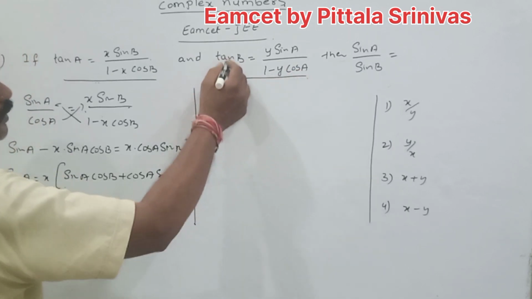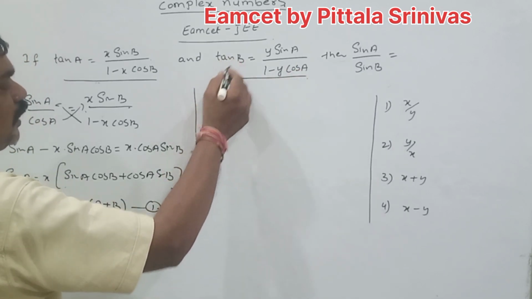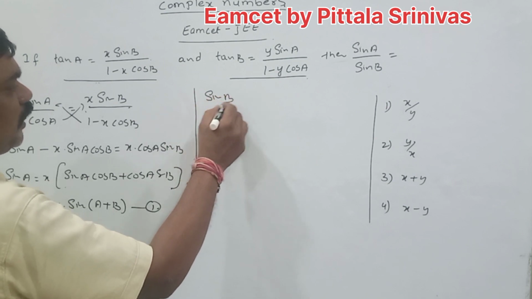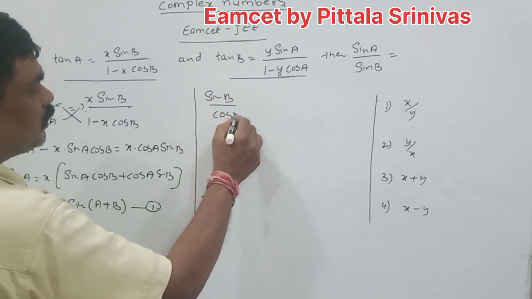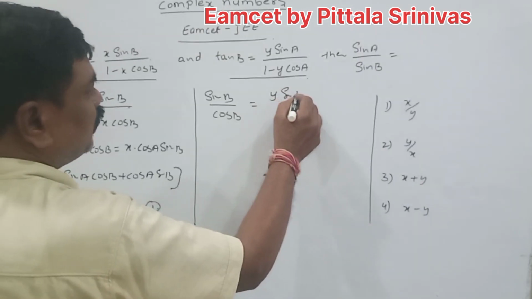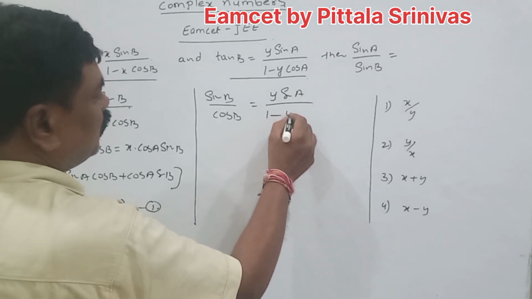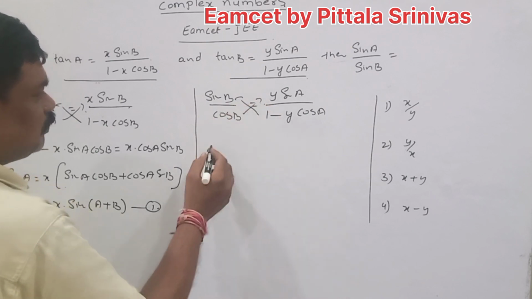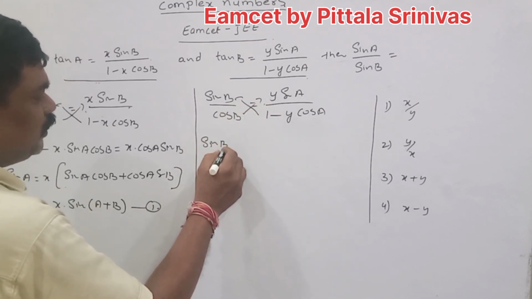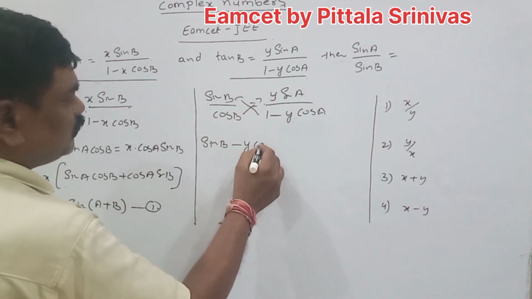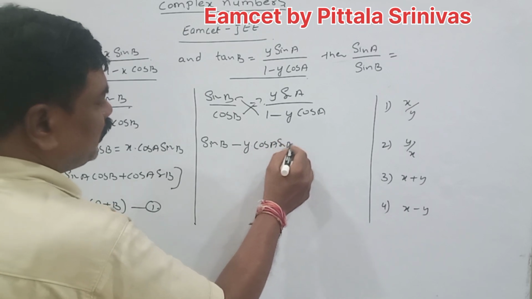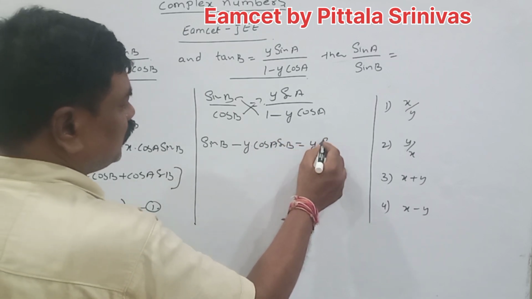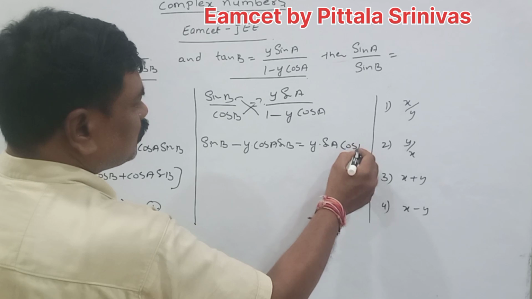And you take this one, tan b, which can be written as sin b by cos b, is equal to y sin A by (1 minus y cos A). Then by cross multiplication, sin b minus y cos A sin b is equal to y sin A cos b.